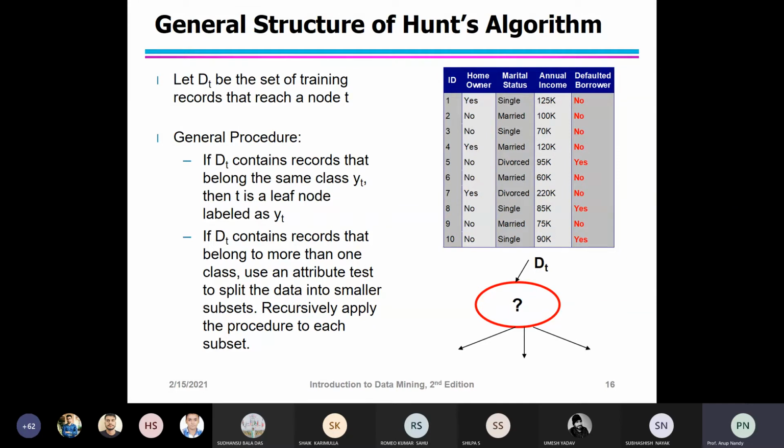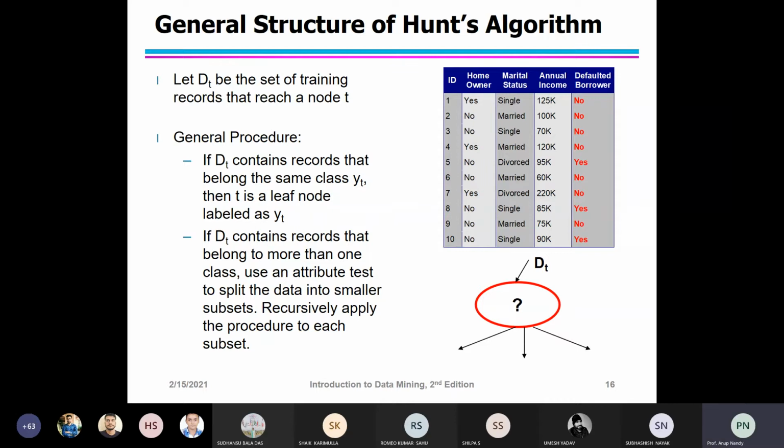You have only two steps. First step: if all the records in Dt, which is the set of training records, belong to the same class, yt, then t is a leaf node and it is labeled as yt.